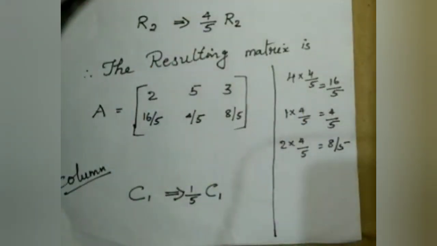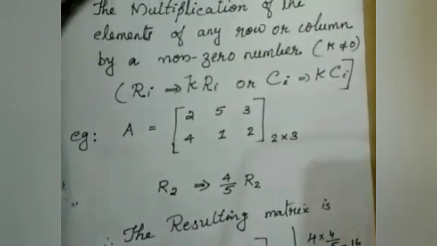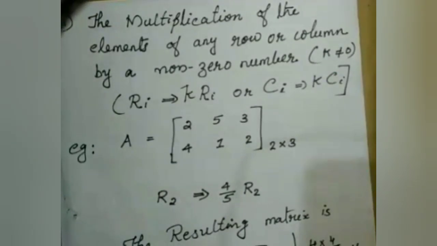Therefore, the resulting matrix is 1, 4, 3, 3, 6, 9 and 2, 5, 8. This is regarding the first operation for the elementary transformations.